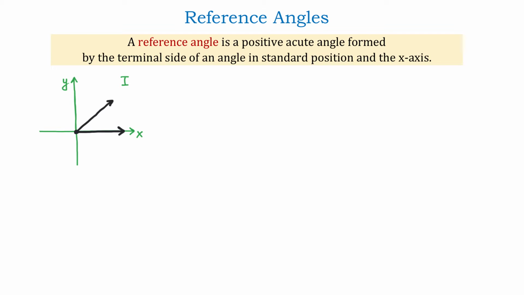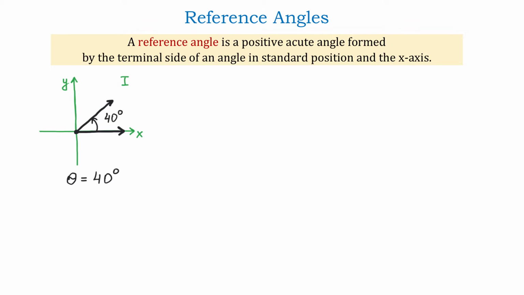Now, because this angle is positive, we will use the arrow to show counterclockwise rotation, and the measure of this angle is 40 degrees. We can also name this angle using the letter theta, and we can say that theta is 40 degrees. Now, let's find the reference angle. The reference angle has to be an acute angle formed by the terminal side of the given angle and the x-axis.